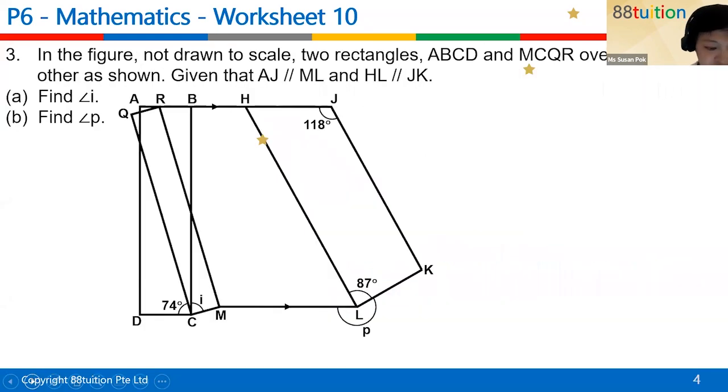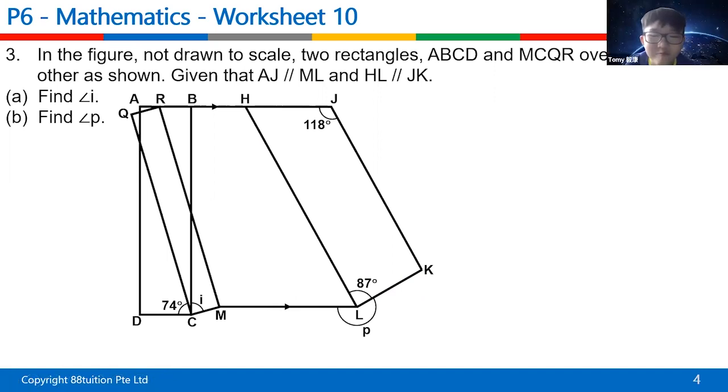This one. Okay. In the figure not drawn to scale, there are two rectangles there. Why is there a star? Sorry again? Why is there a star there on HL? I thought it's yours. No, it's not mine. Oh dear, then who has done this? I got magic touch. I got correction tape. Is there correction tape? No, right? Jada, is it you?